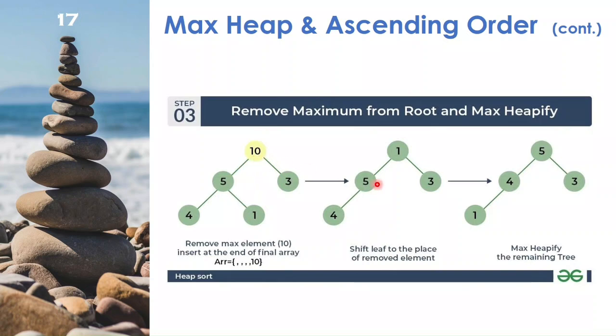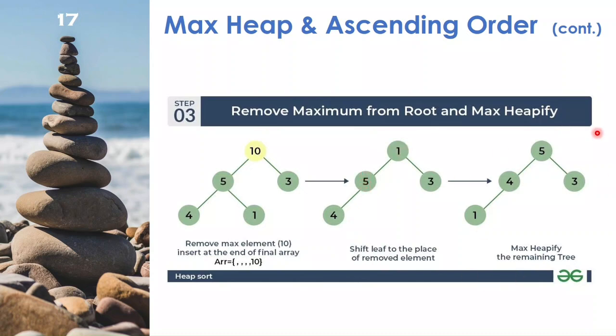So after 10 is removed, we can clearly see that the max heap property is nullified, it's affected by that removal, since 1 is smaller than 5.